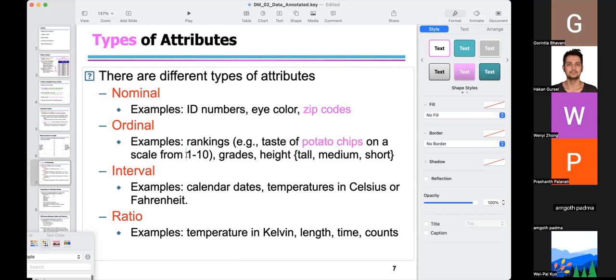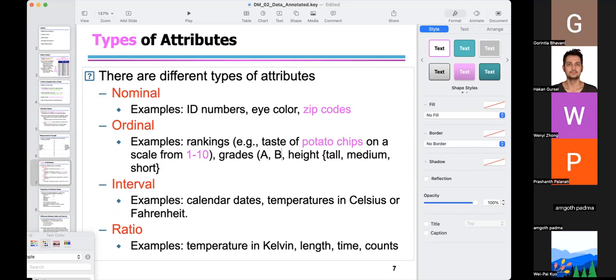On a scale from 1 to 10, how would you rate these potatoes? So this means that 1 is worse and 10 is best, and what's in the middle is middle ground, so they have an order. Same situation for grades, for example. A is a better grade than B is a better than C, right? So these would have an order.